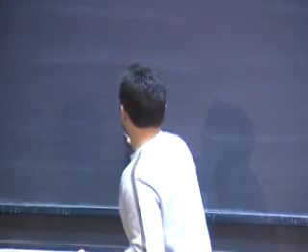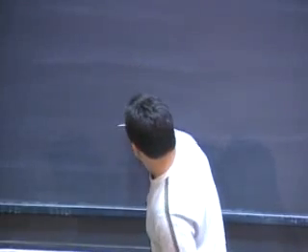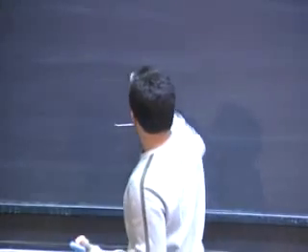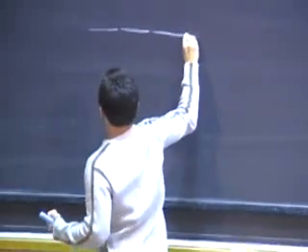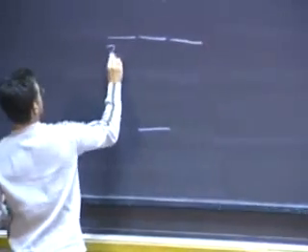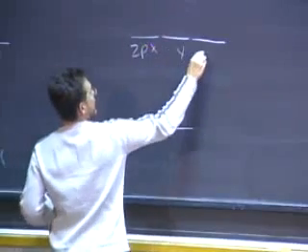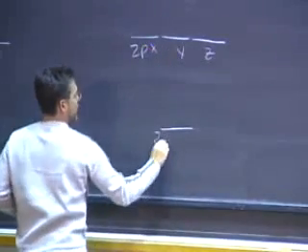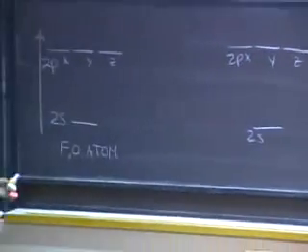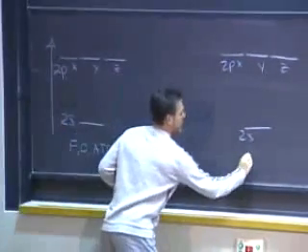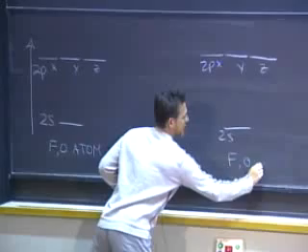And then over here, we have the other identical F or O atom with its 2px, 2py, 2pz, and 2s orbitals at exactly the same energy as for the counterpart over here. So this is another F or O atom.